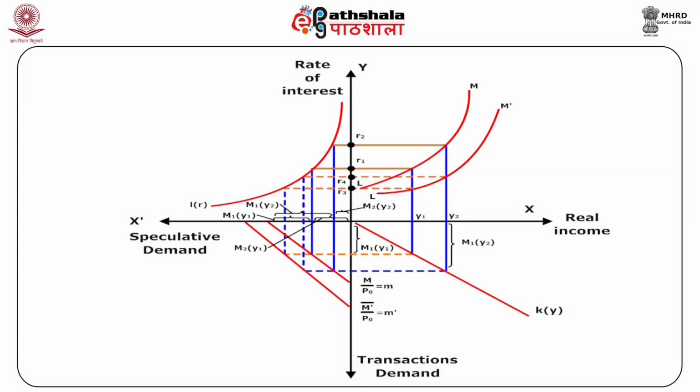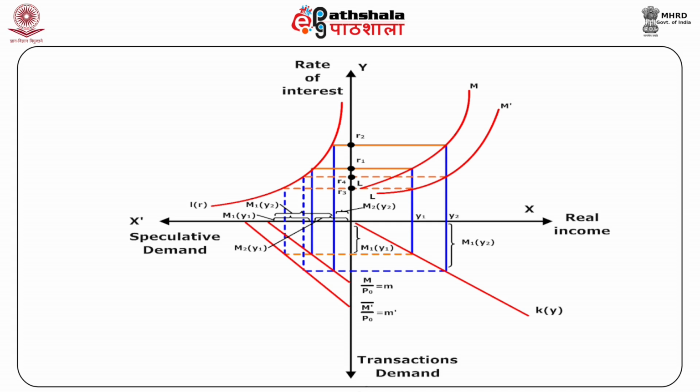Therefore, let us again look at the equilibrium in both the markets. At Y2, we should have a rate of interest which exactly corresponds to the level of income Y2. If the rate of interest were to be more, then M2 being negatively related to the rate of interest, the M2 would be less.